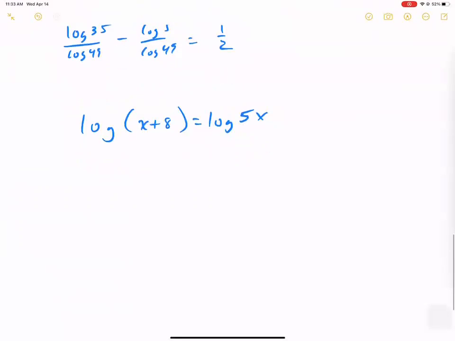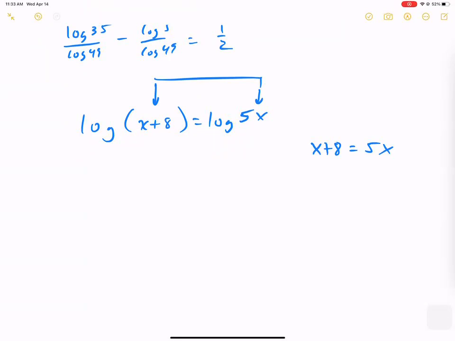In this case, if I put a 10 on both sides, remember this is a common log, these logs would actually cancel out. Another way of looking at this is, hey, aren't these both logs? So if they're both logs, shouldn't these two values be exactly the same? So shouldn't x plus 8 equal 5x if I wanted the logs to be the same?